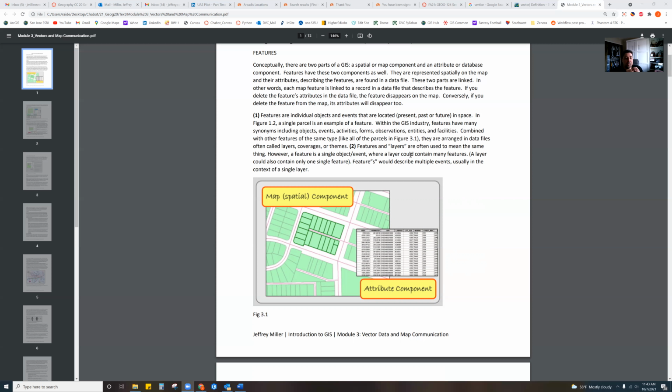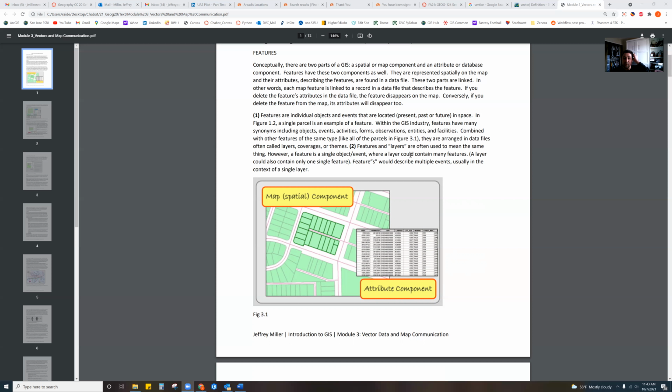That's a feature. Now, a layer could have multiple features contained within it. So when you say layer, you're actually talking about all of the features. It could be 10, 20, 100, 5,000, 5 million, who knows?